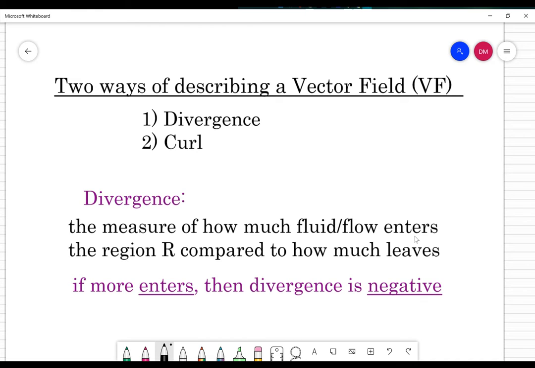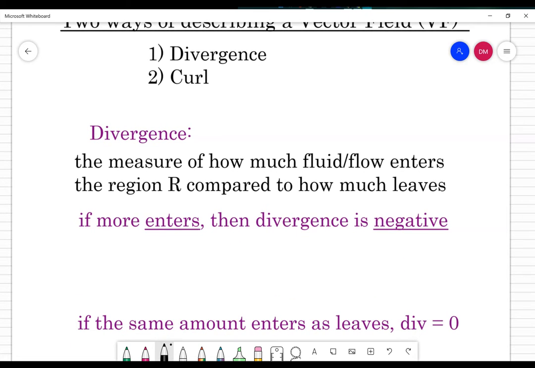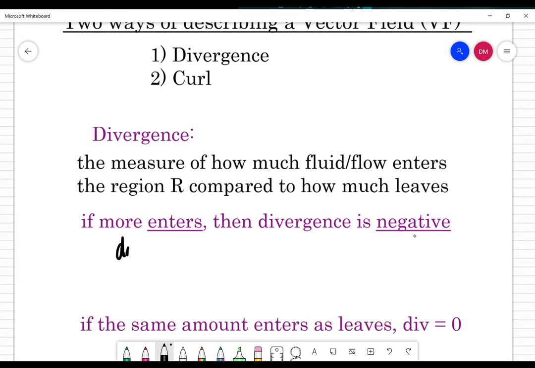Divergence is how much of it is entering versus how much of it is leaving an area, and specifically around a certain point in your region.